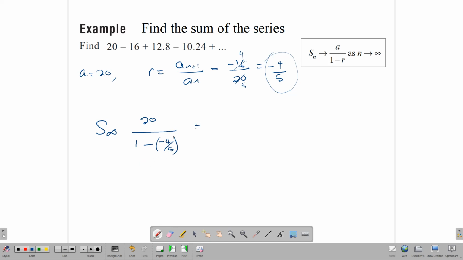And here, it's going to turn out to be 20 divided by 1 plus 4 over 5, which is the same thing as 20 divided by 1.8. And punching that into your calculator is going to give 11 and 1 over 9 as the answer. Moving on to another question.